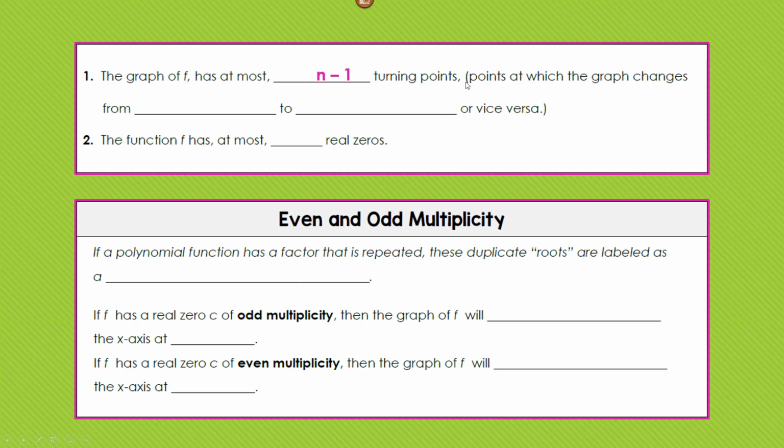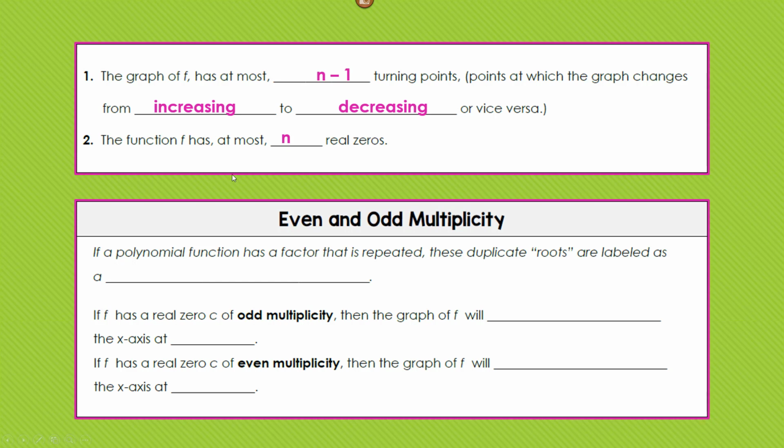Turning points are places where the points on the graph change from increasing to decreasing or vice versa. So if I know the degree of my polynomial is n, then at most I can have n minus 1 turning points. Okay, and the second thing is the function f has at most n real zeros.